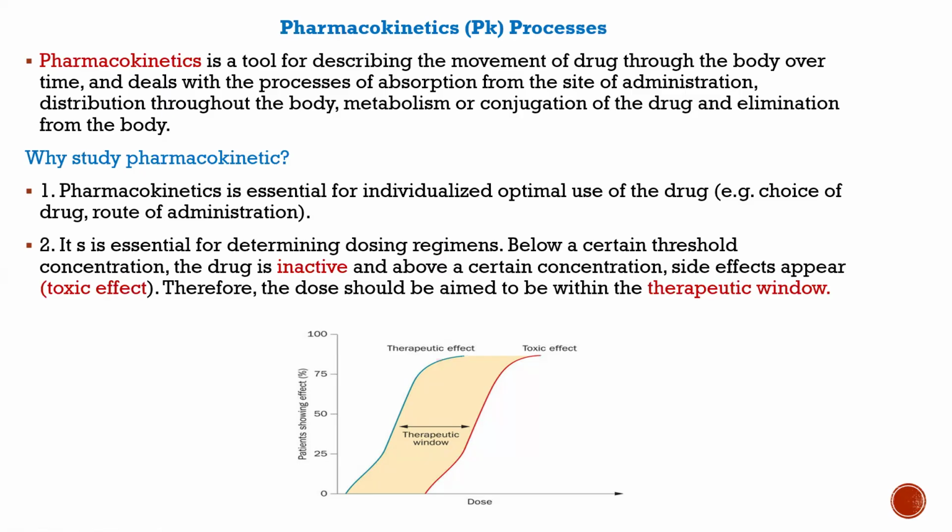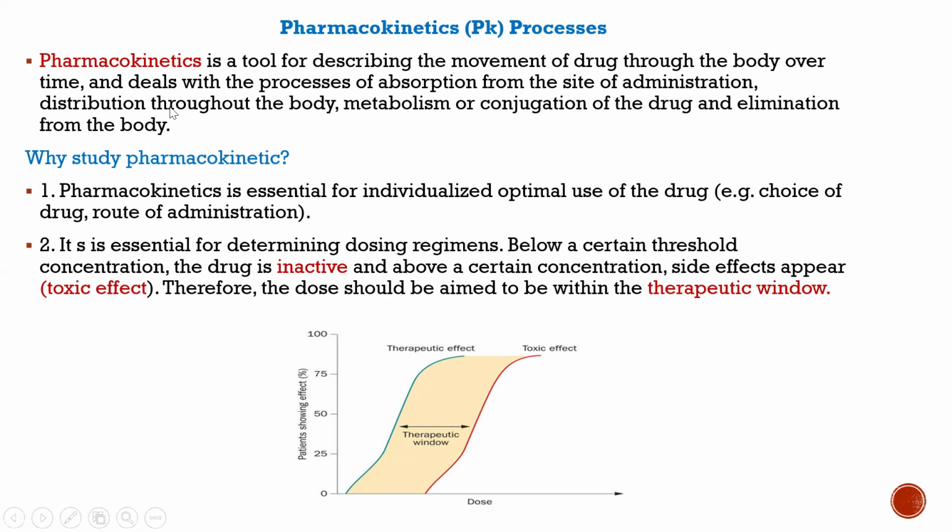So pharmacokinetics is just discussing how the drug enters the body, how it is absorbed, how it is distributed to the target site, and then the metabolism of the drug, and the elimination of the drug, how these drugs are being removed from the body. That's what pharmacokinetics is talking about.